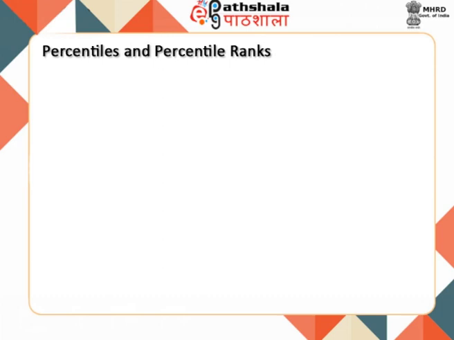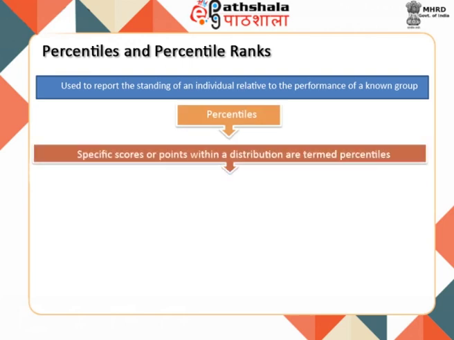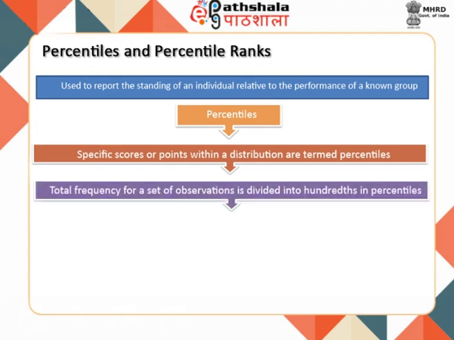Percentiles and percentile ranks are closely related terms used to report the standing of an individual relative to the performance of a known group. Percentiles. The specific scores or points within a distribution are termed percentiles. The total frequency for a set of observations is divided into hundreds in percentiles.